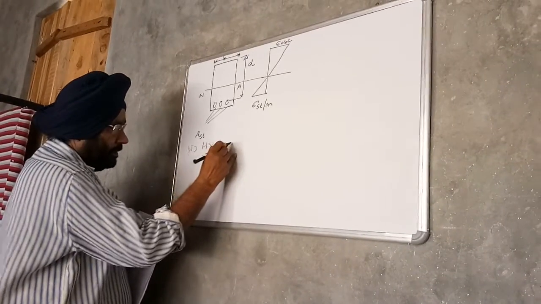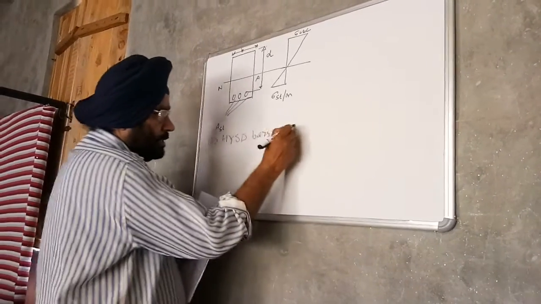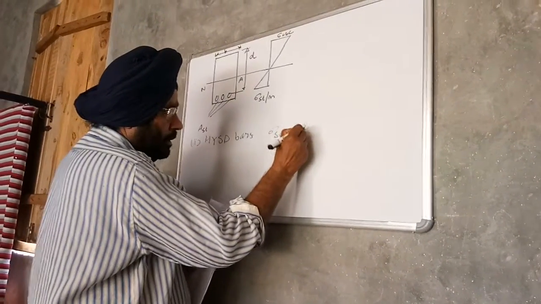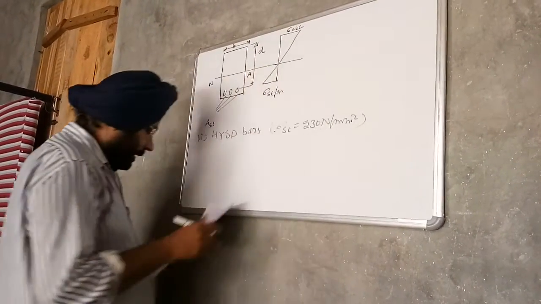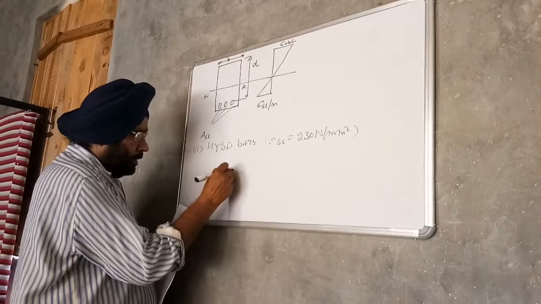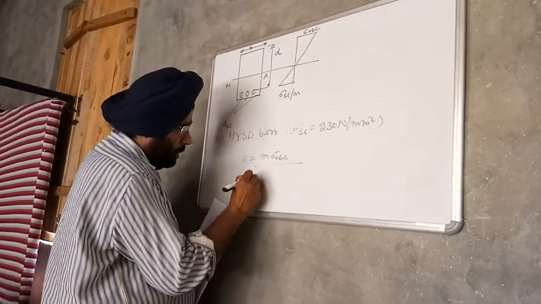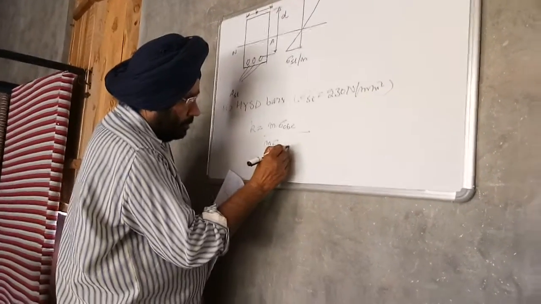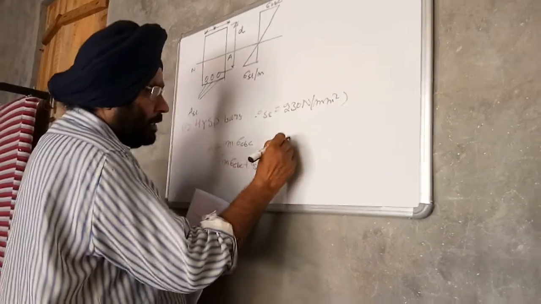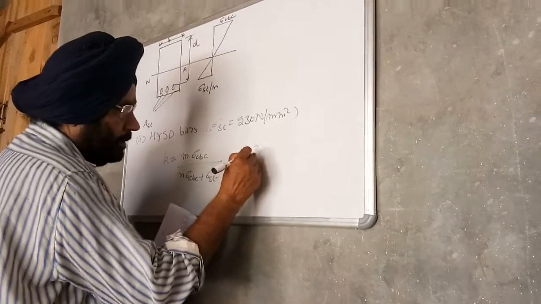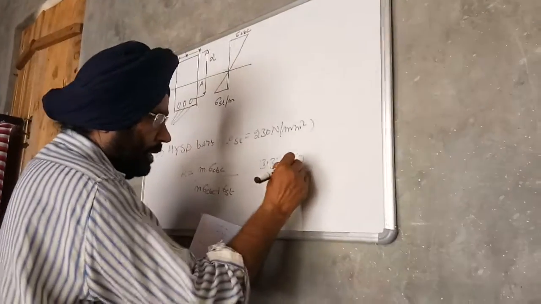HYSD bar means high yield strength deformed bar. For HYSD bar, sigma ST is 230 Newton per square millimeter. So again, K means the neutral axis factor, K equals M sigma CBC upon M sigma CBC plus sigma ST. Putting all these values in this equation, M is 13.33, and sigma CBC its value is 7.